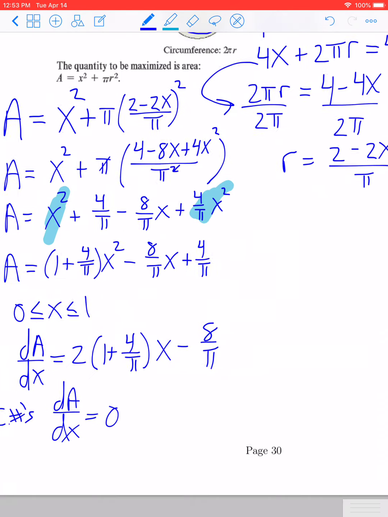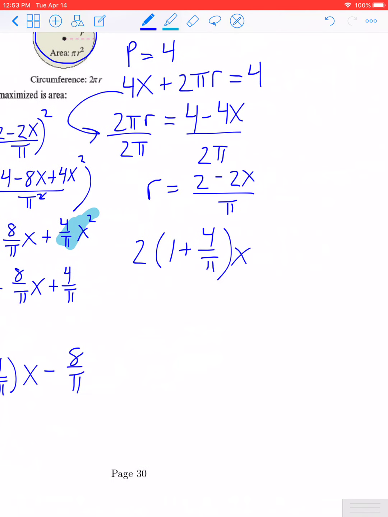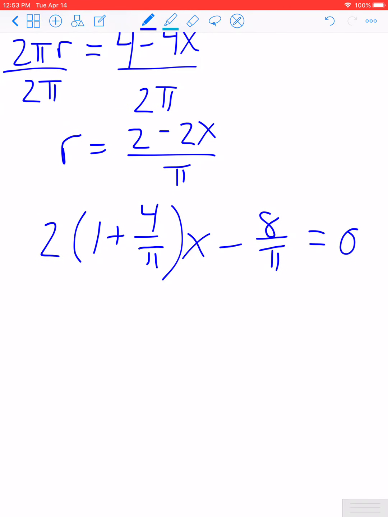So let's come over here and solve that equation. When is 2 times (1 + 4/π) times x, minus 8/π, equal to 0? Well, we would start by adding 8/π to both sides.